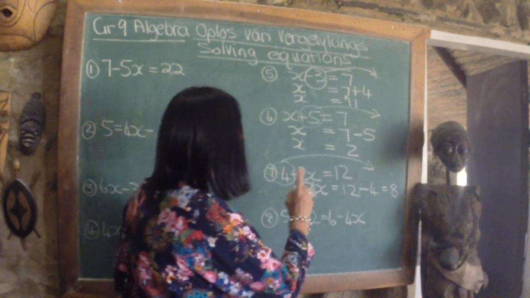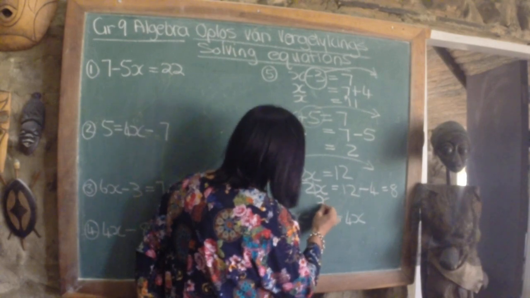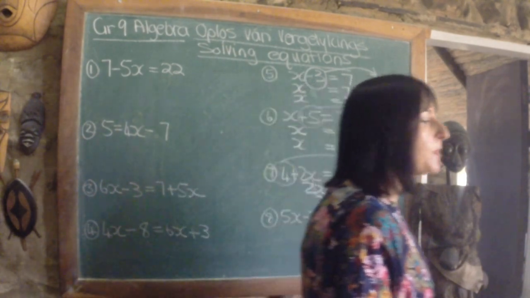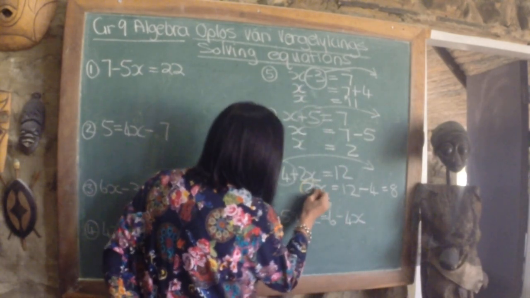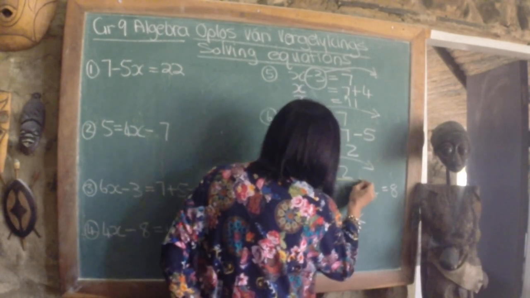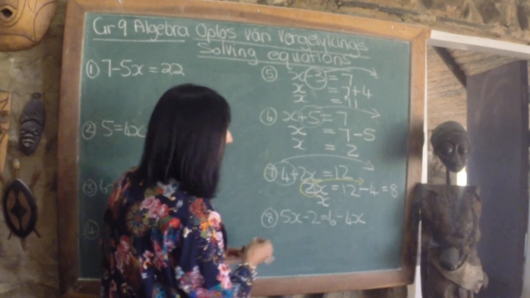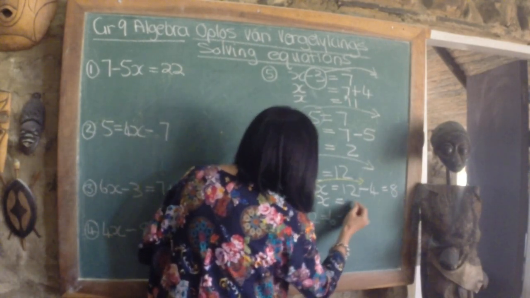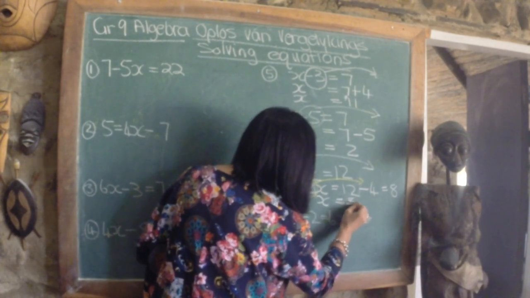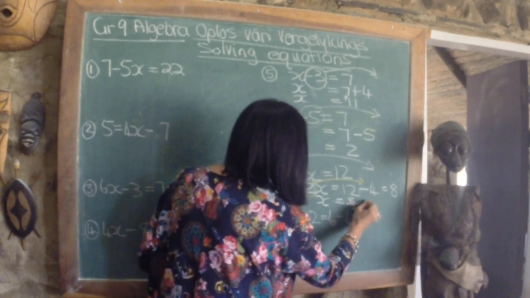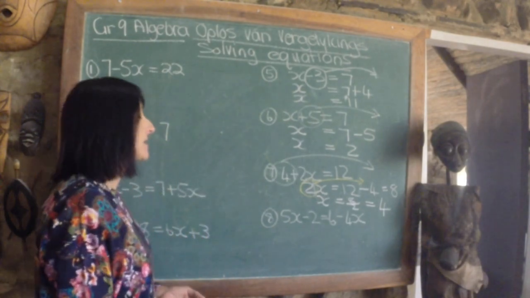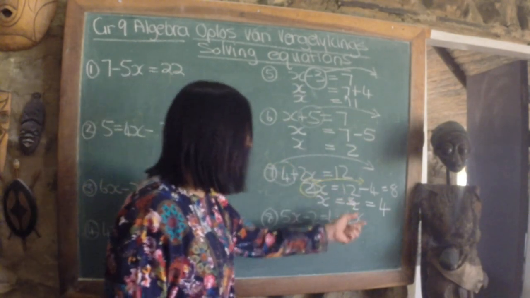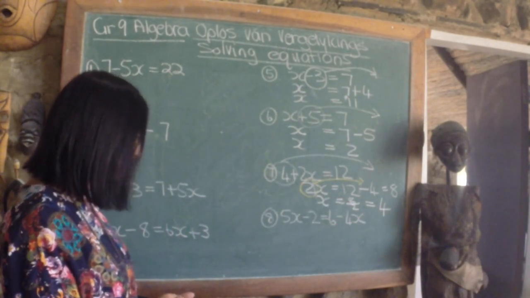So if I take the 2 to the other side of the equals to, it becomes now a division. So I'm dividing with 2 and x is gelyk aan 4. X equals 4 because 8 divided by 2 gives me 4.